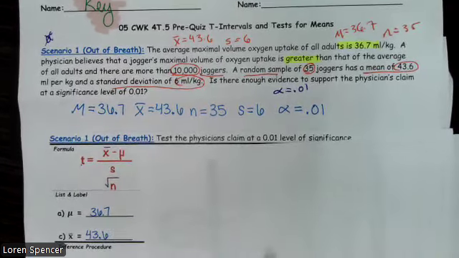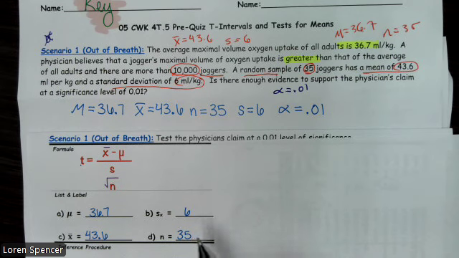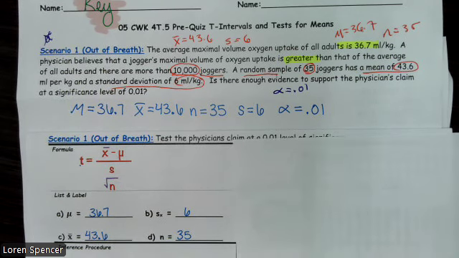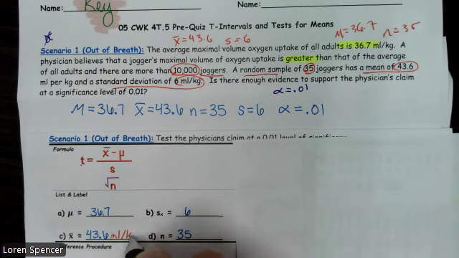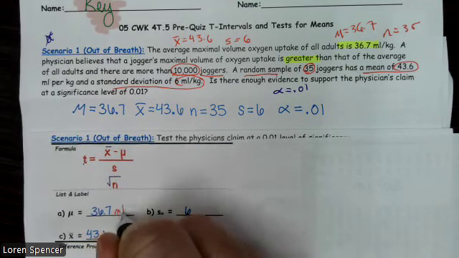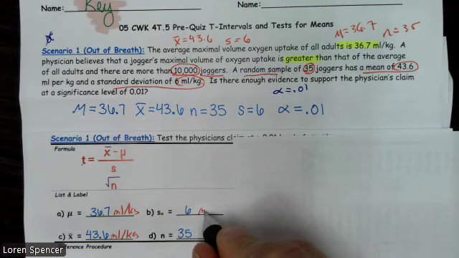We've already said that the mean is 36.7, the standard deviation is 6, our X bar is 43.6, and our N is 35. And this is milliliters per kilogram, ml per kg, and this is also ml per kg, and so is this 6 ml per kg.